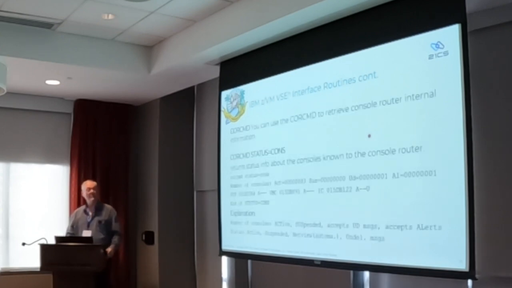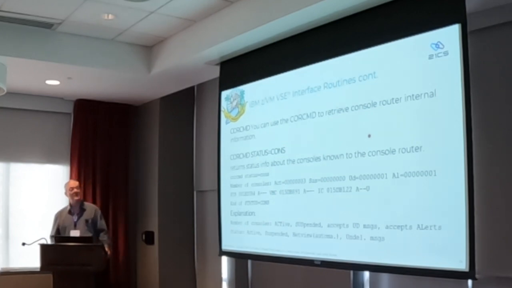Another AR command that you can use is the CORE command. Basically, if you want to know about the console router, it will tell you how many consoles are currently active. You can also see what they would react to, like alerts or user input.